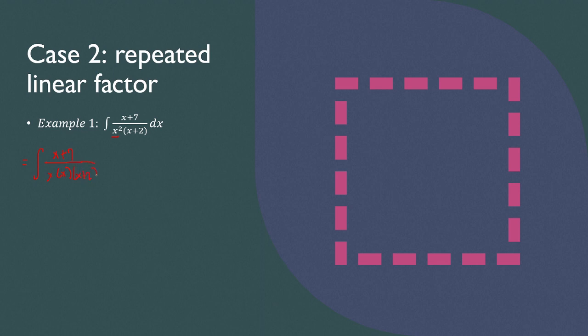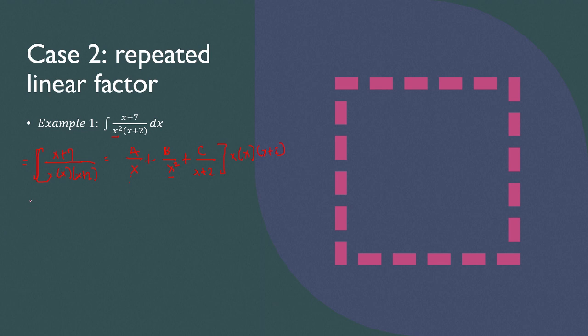So we are going to get a, b, and c: a over x plus b over x squared, because it's repeating, plus c over x plus 2. So we are going to multiply both sides by x squared times x plus 2.